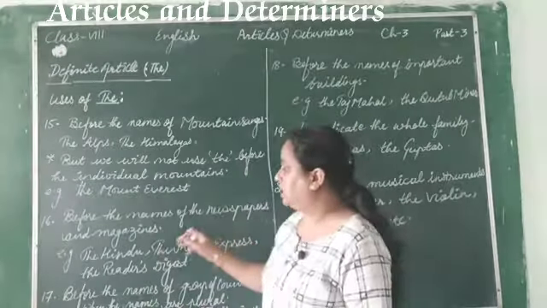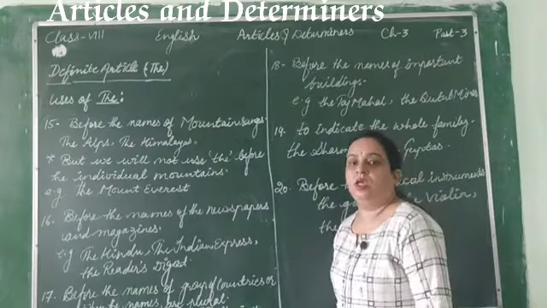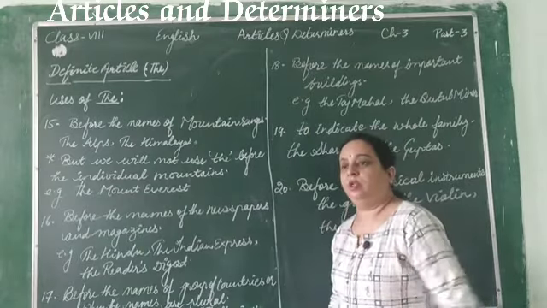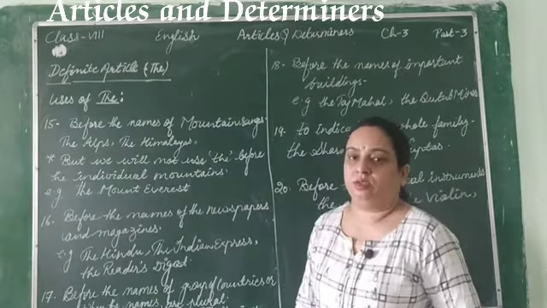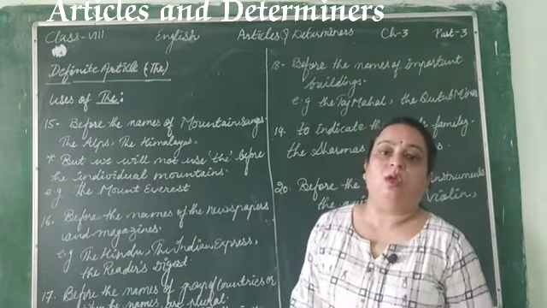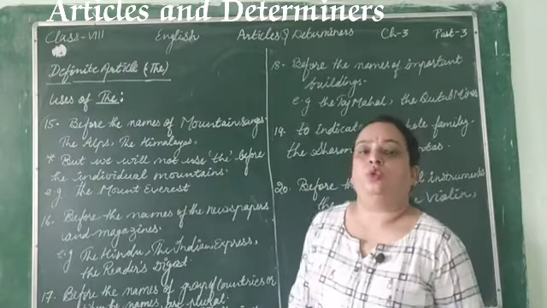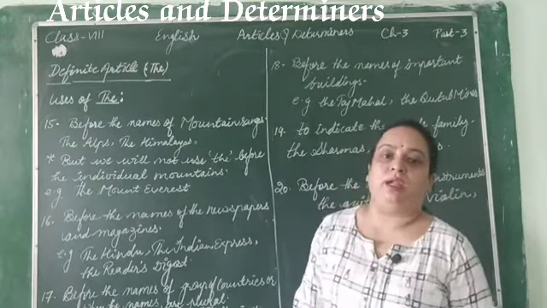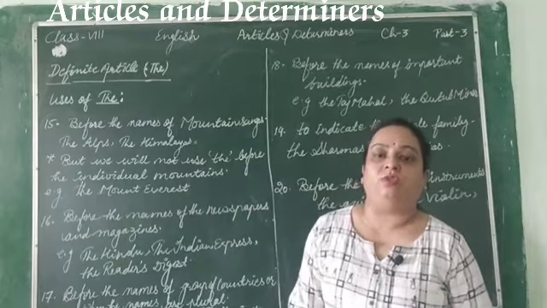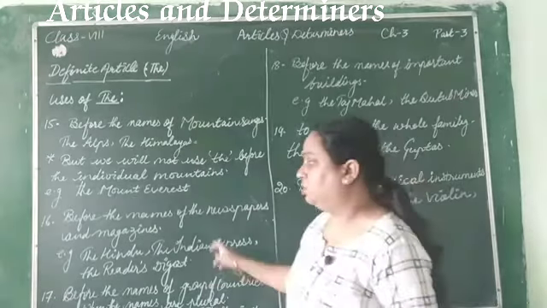Next, rule number 16 is before the names of newspapers and magazines, right? Like when you write a letter to the editor. The common mistake is that students do not write the with the name of the newspaper. So always keep in mind that before the name of a newspaper and a magazine you have to use the.